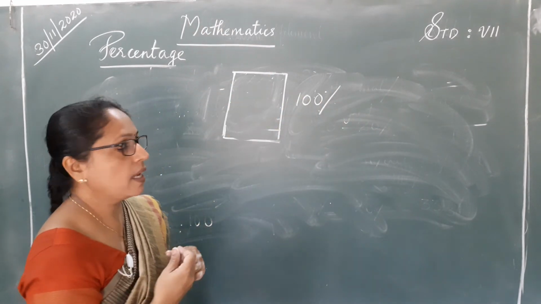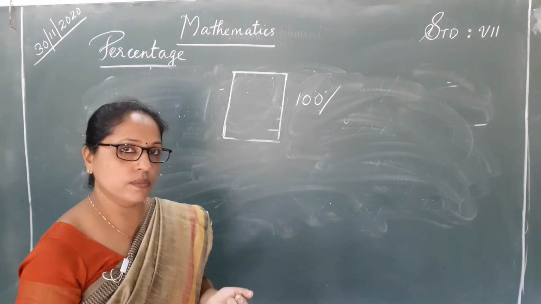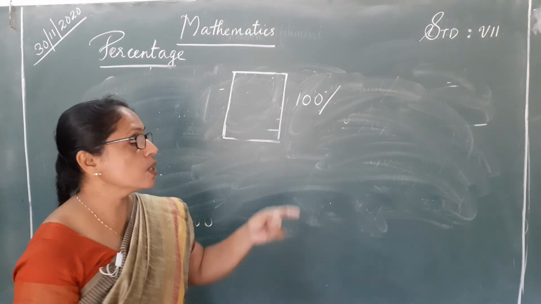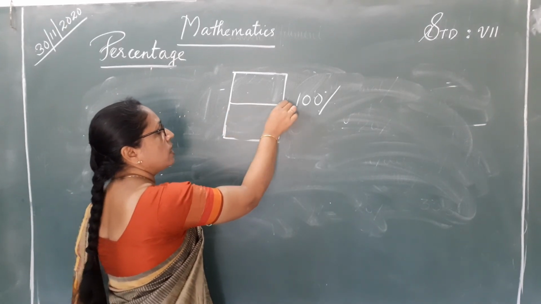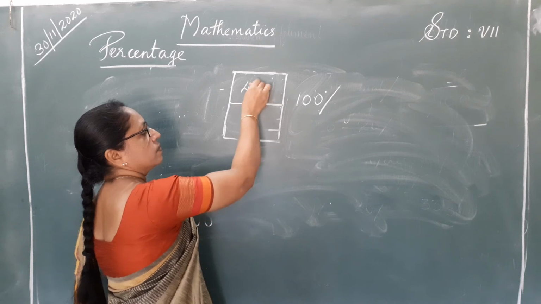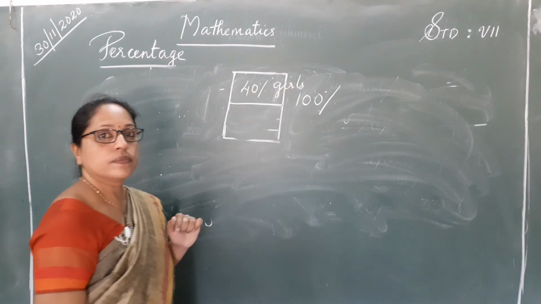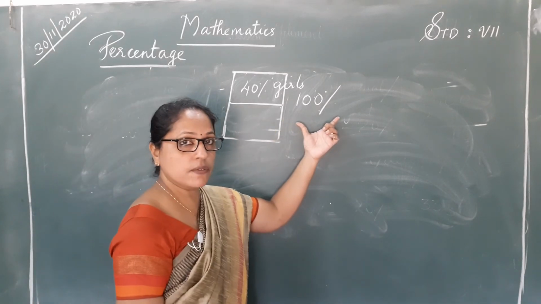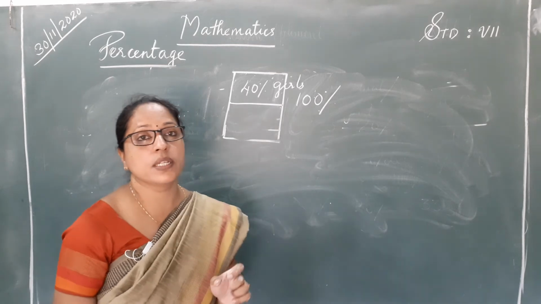If I say that 100% is the total number of students in a school, the total number of students in a school is 100%. Now I am saying 40% is girls. The total percentage of students we consider as 100%, out of which 40% are girls.